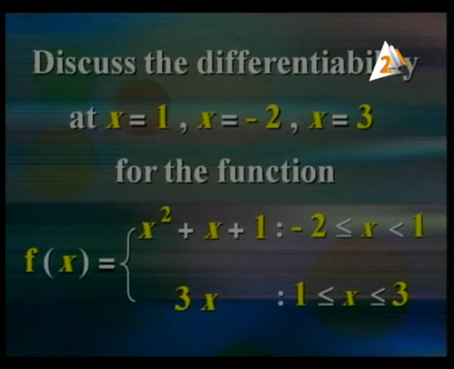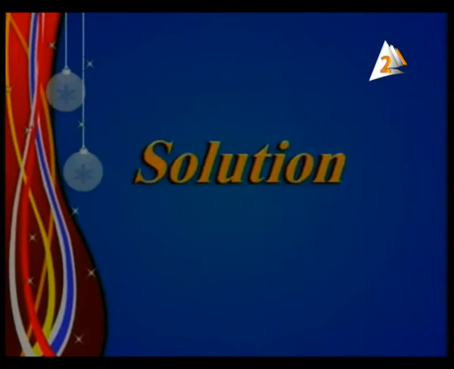Remember, dear student, we now discuss the differentiability at x equals 1, x equals negative 2, x equals 3. Remember, the f of x function has two branches, x² plus x plus 1 when the domain is more than or equal to negative 2 and smaller than 1, and 3x when x is more than or equal to 1 and smaller than or equal to 3. Look at the solution.